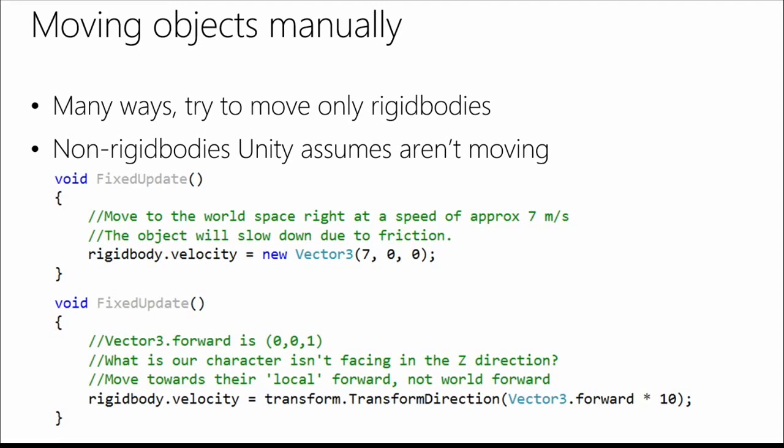Now, in the next one, same thing. We're setting the velocity on an object, but this one looks a little bit different and sounds a little more complicated. The top one goes in world coordinates. The top one, where it says vector 7, 0, 0, is in my global world space, how that object's moving. In the example at the bottom, we're setting the velocity using transform direction.